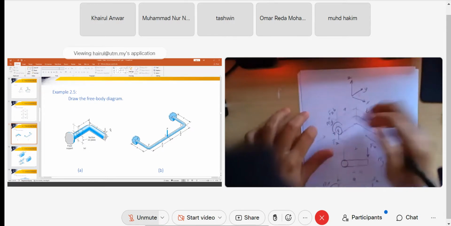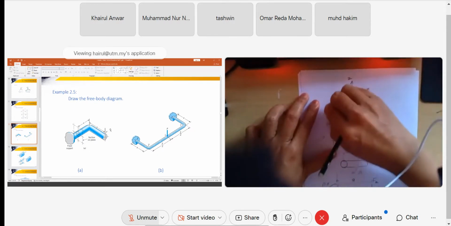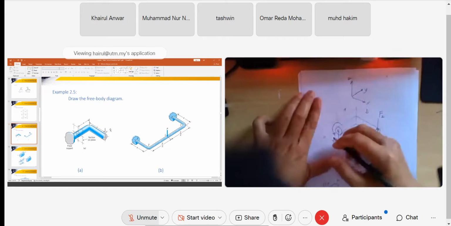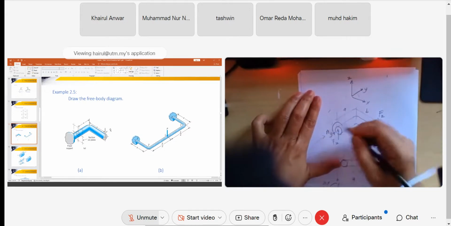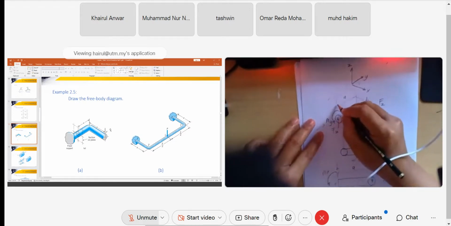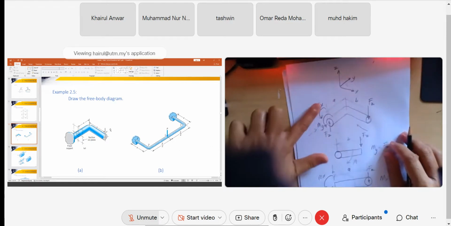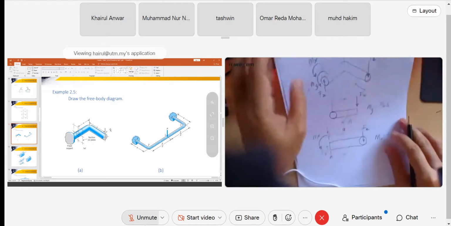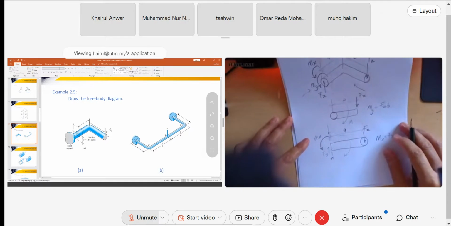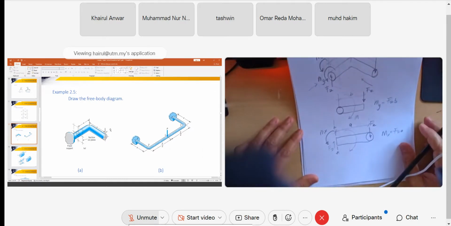Can you see my confusion? Okay, this is MY from just now. This will be MX. I hope you understand. This plane that cuts here is the ZY plane, MX. It goes counterclockwise. Clear, guys? That's all.